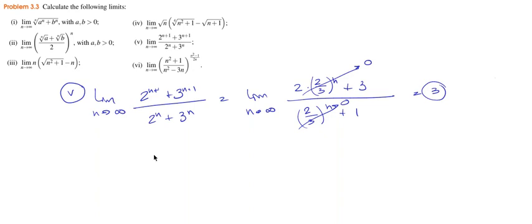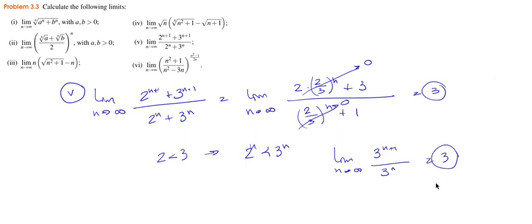We could also say that because 2 is smaller than 3, 2 to the n is actually negligible with respect to 3 to the n when n is large. So we could rewrite this limit as 3 to the n plus 1 divided by 3 to the n, because we're getting rid of the negligible terms, and the result is 3. So both things are correct.